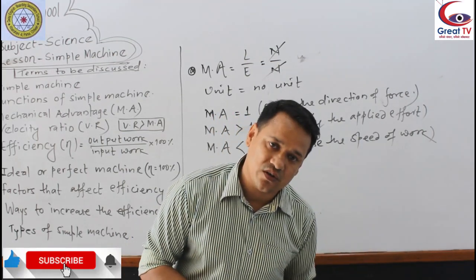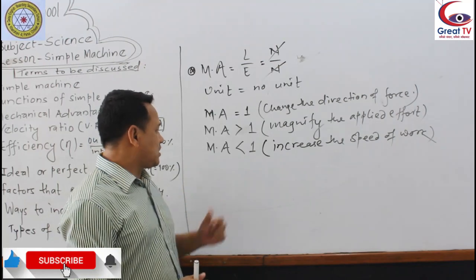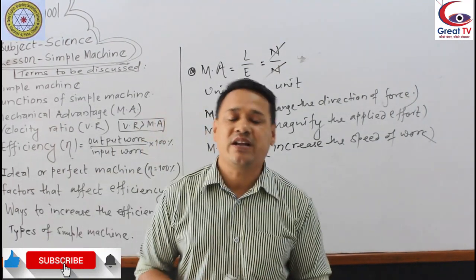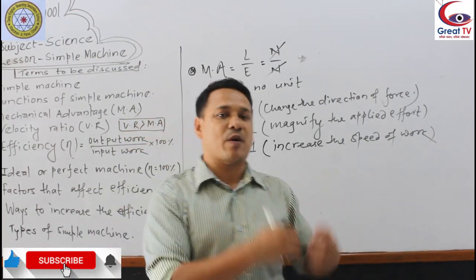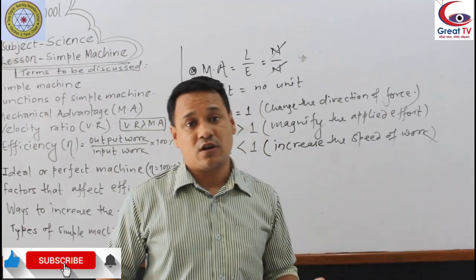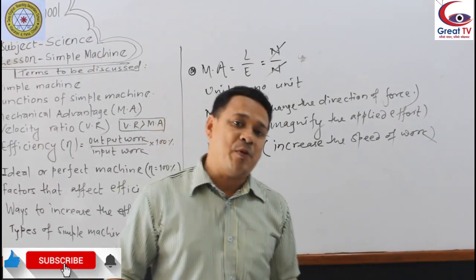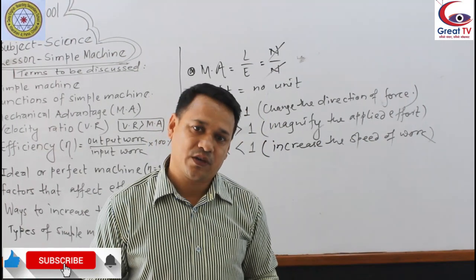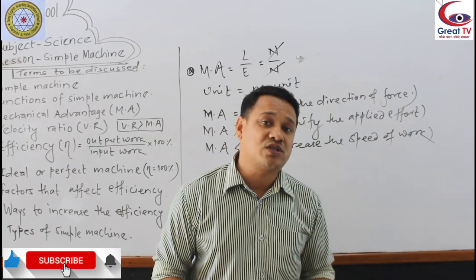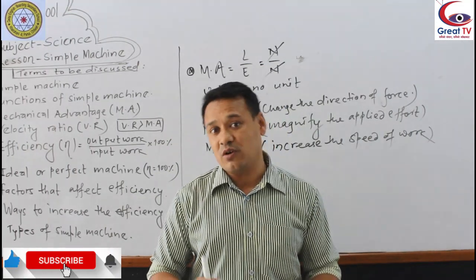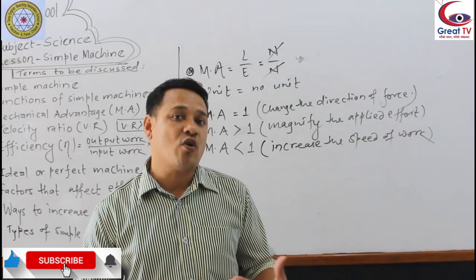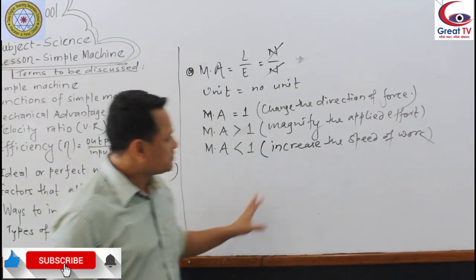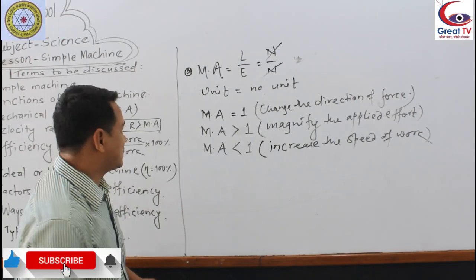If you get mechanical advantage less than one, such a machine increases the speed of work. You can complete the work in short time, but you may have to apply more effort at that time. So to make the work faster, you get mechanical advantage less than one.